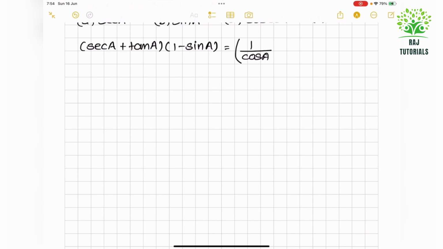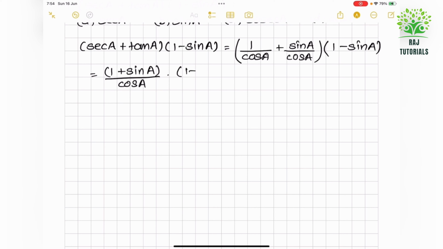Now third one says sec a plus tan a into 1 minus sine a, and 4 options are given. So first I am converting everything into sine and cos. So sec a will be 1 upon cos a plus tan a will be sine a upon cos a into 1 minus sine a. So now doing LCM I will get 1 plus sine a upon cos a into 1 minus sine a.